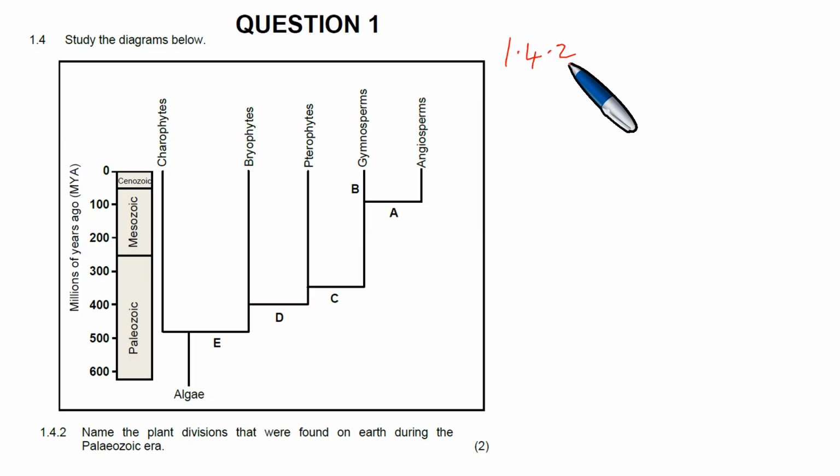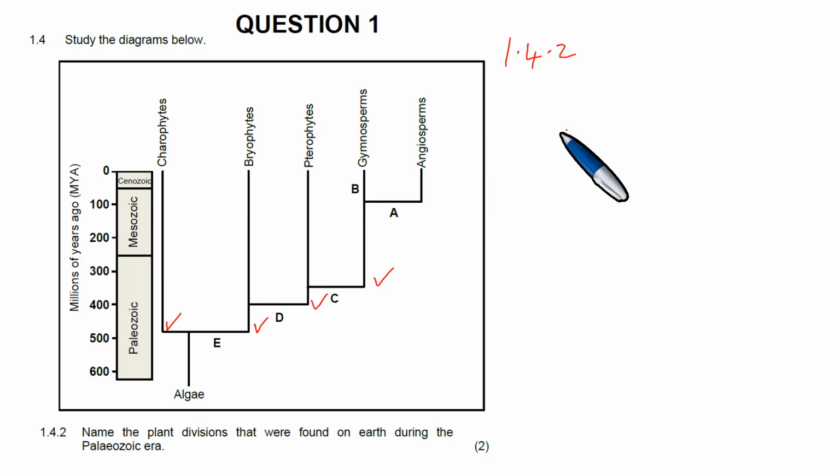This is pretty straightforward because you need to look at the mark here. If you look, for instance, up to the Charophytes, up to the Bryophytes, the Pterophytes, and the Gymnosperms. Obviously, you can see that the Angiosperms are outside there.